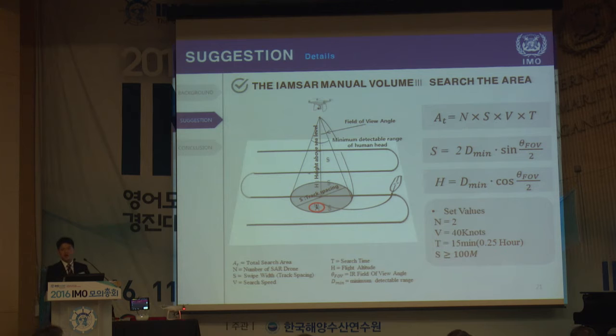Track spacing means how much spacing the drone will swipe the area with, which is directly related to the minimum detectable range and the infrared camera's field of view. Including those set values in the formula makes it possible to get the minimum swipe width, and the results will come out in the conclusion part.